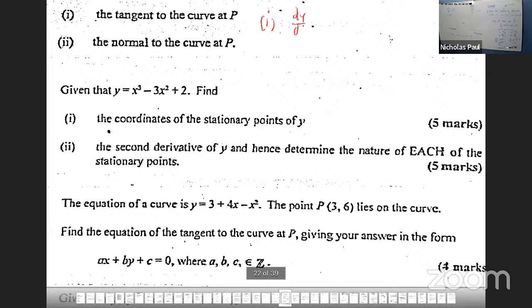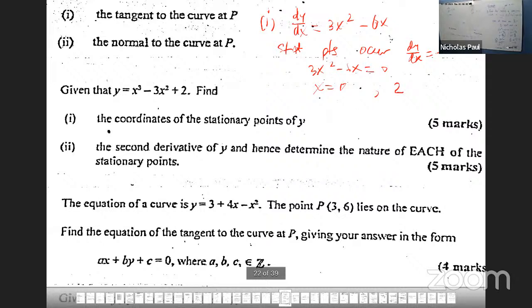So we need dy/dx first. dy/dx is 3x squared minus 6x. And stationary points occur when dy/dx is 0. So 3x squared minus 6x is 0. You'll get x is 0 and x is 2.